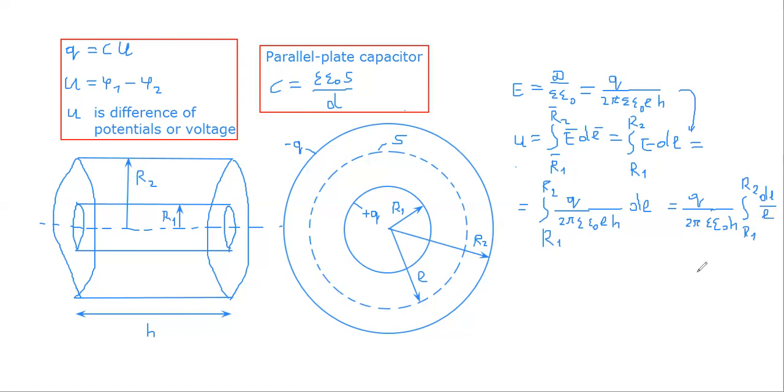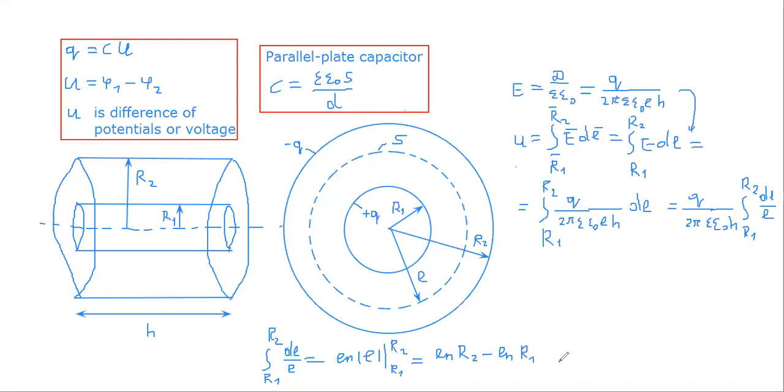Okay, let's calculate this integral. The integral from R1 to R2 of dL divided by L is equal to the natural logarithm of the modulus of L from R1 to R2, and it is equal to natural logarithm of R2 minus natural logarithm of R1.